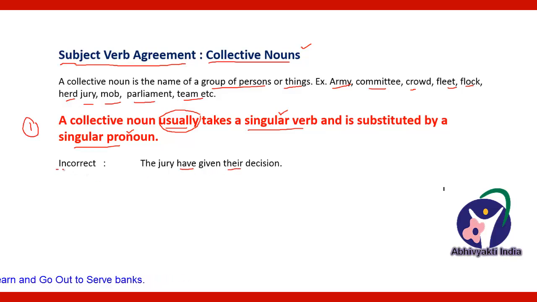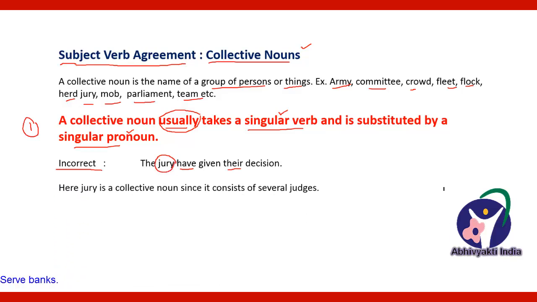This statement is incorrect because jury is a group of judges. It is a collective noun and it consists of several judges.